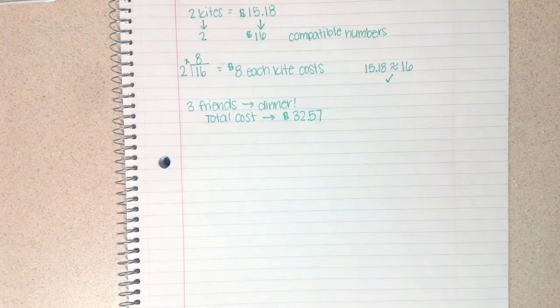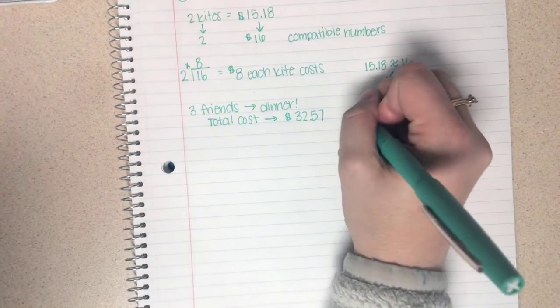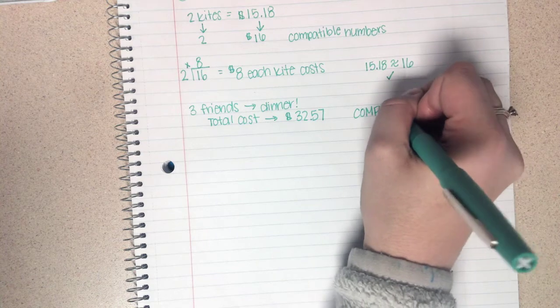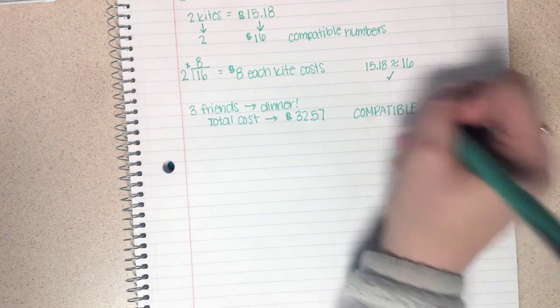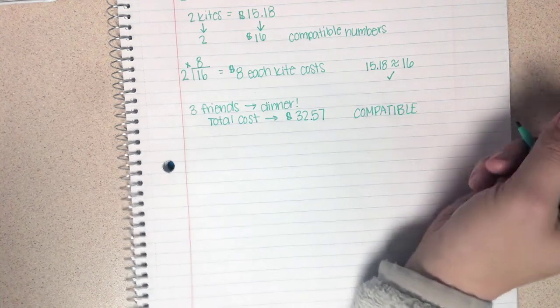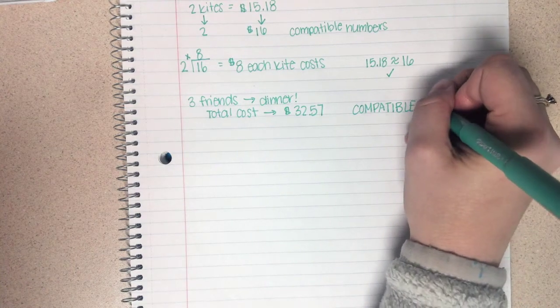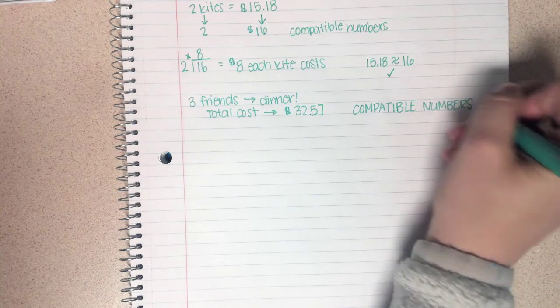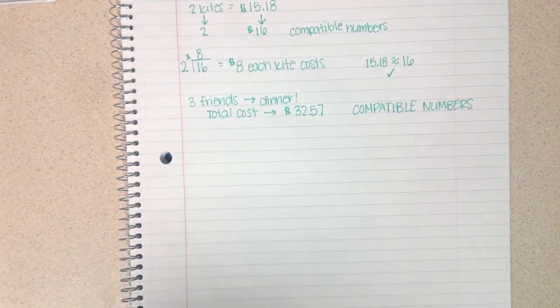Okay, so again, I'm going to look for compatible numbers. That is an easy way to estimate if you use compatible numbers. We are constantly trying to use compatible numbers in estimating because it makes our lives a heck of a lot easier.